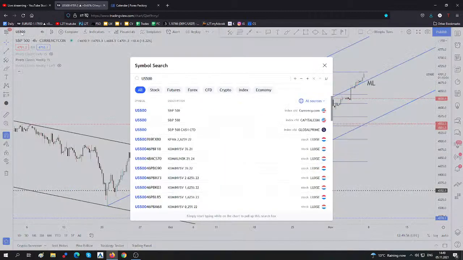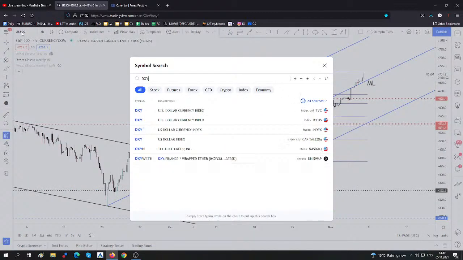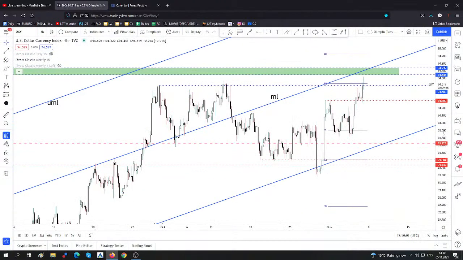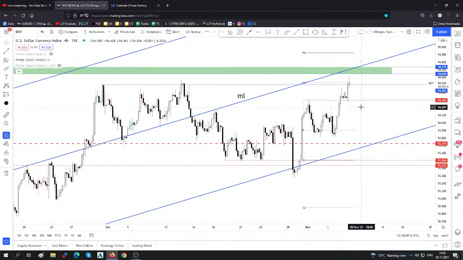Let's take a look again on the dollar index because the volatility is high right now. Still undecided here around the 94.50, around the weekly R1. One moment. 94.53, guys. We'll have to wait.